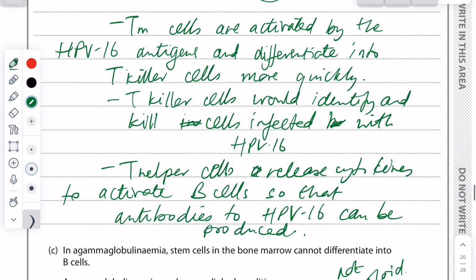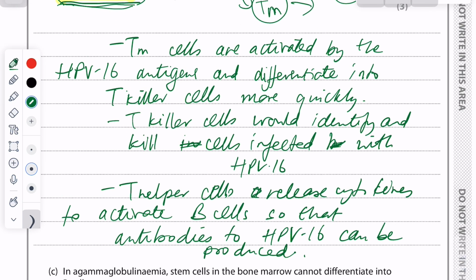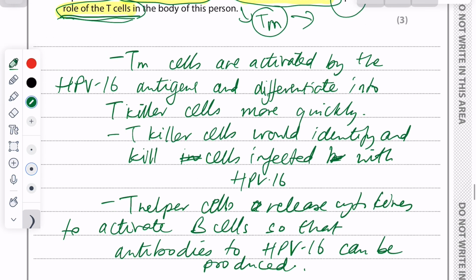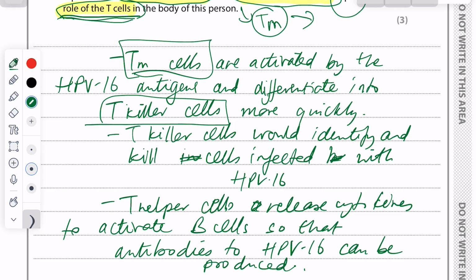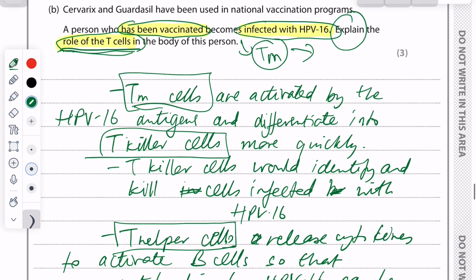Okay. I've just gone with talking about different types of T cells. I could be wrong here. T memory cells. So I've gone with talking about T memory cells, and I've talked about T killer cells and T helper cells. Okay. T memory cells are activated by the HPV-16 antigens.